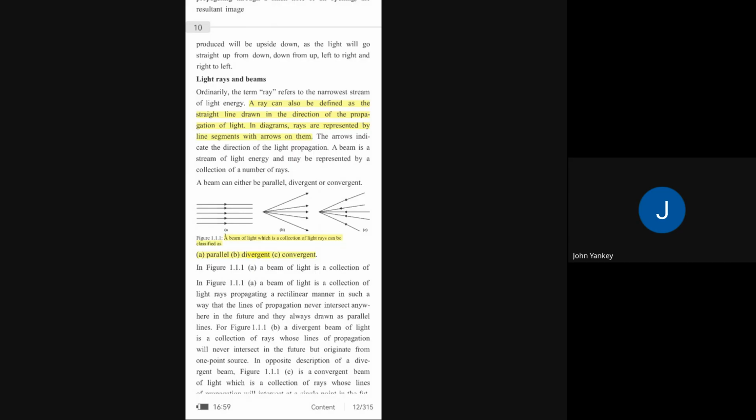But when you pass the light through a lens, especially when you place the light at the focus, then the light will emerge from the opposite side as parallel. Also, because the sun is very far away from us, the light that reaches us from the sun almost travels parallel.